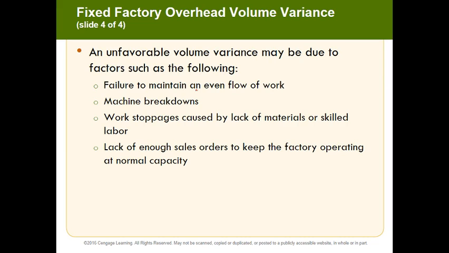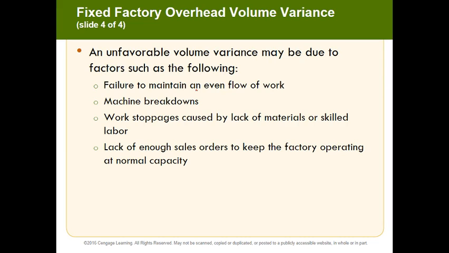It was stop and start. Maybe our machines are breaking down. That's what caused the uneven workflow. Maybe work had to stop because we didn't have materials on hand or our people were ill. Maybe there weren't enough sales orders in place to keep the factory operating at its normal capacity.